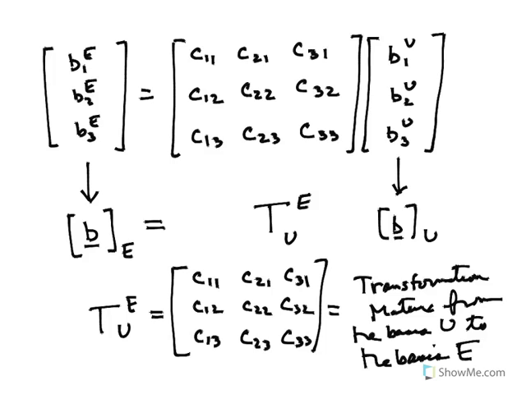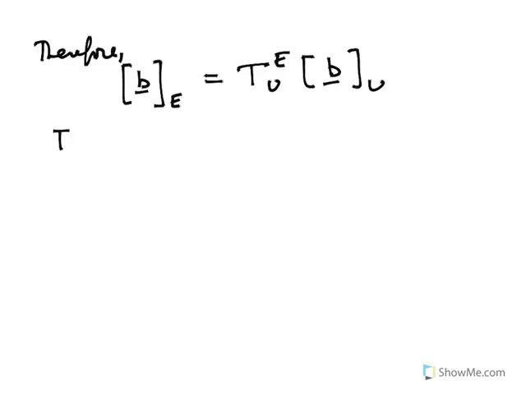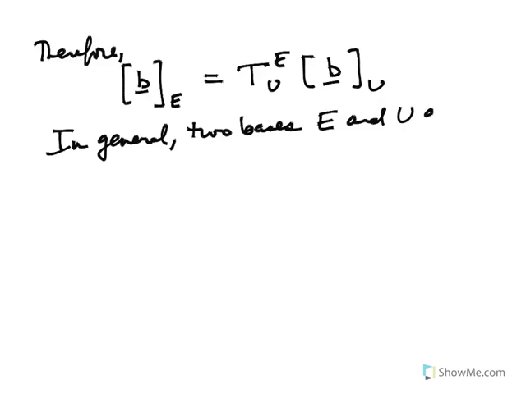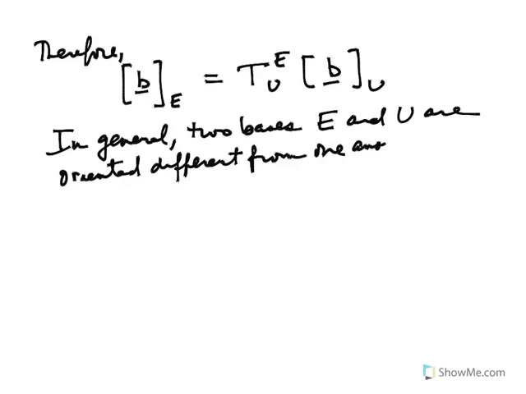Now, the way this is done is as follows. In general, two bases, I call them E and U, are oriented differently from one another in 3 dimensions. In other words, we don't just have planar transformations, but we actually have 3-dimensional representations that are 3-dimensional offsets.